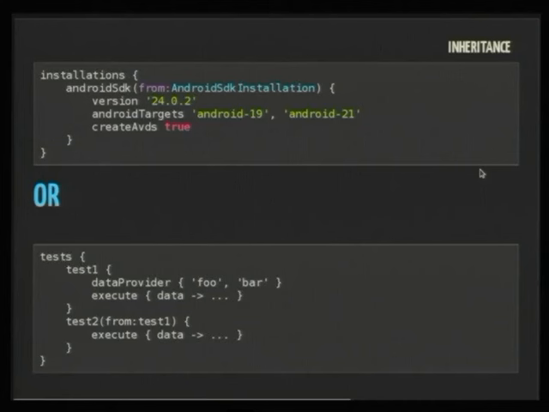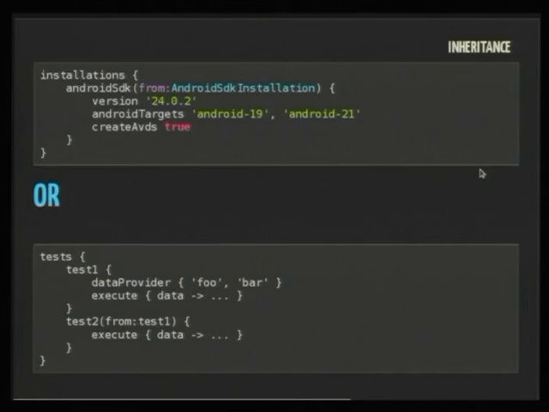That's the clean way, but there's a dirty way as well, that you can inherit from the existing stuff that was already defined in the DSL. So in the second example, I'm having a test one, which executes something on top of data, and these data would be first foo, and in the second run of the test execution, it would be bar.